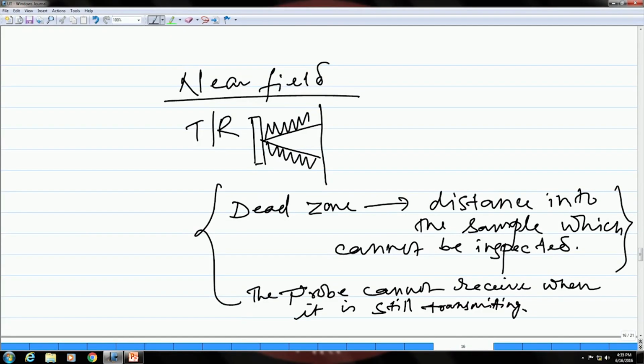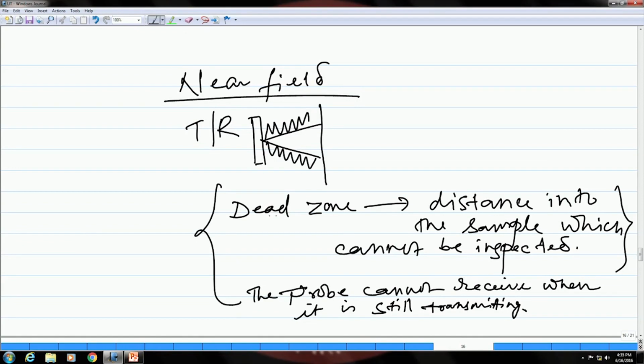If the vibrations are still there by the time an echo comes back to the transducer, it will not be able to receive that echo while it is still vibrating. So, that is the effect of the near field, which gives rise to this dead zone.